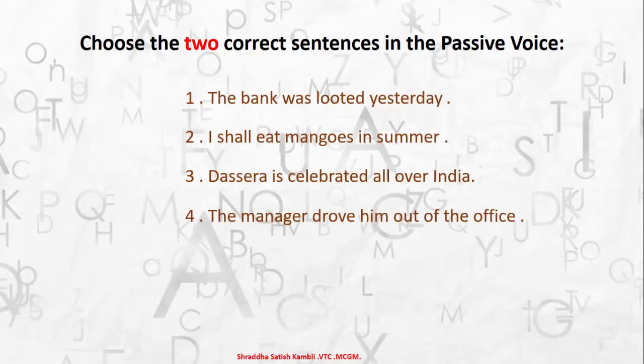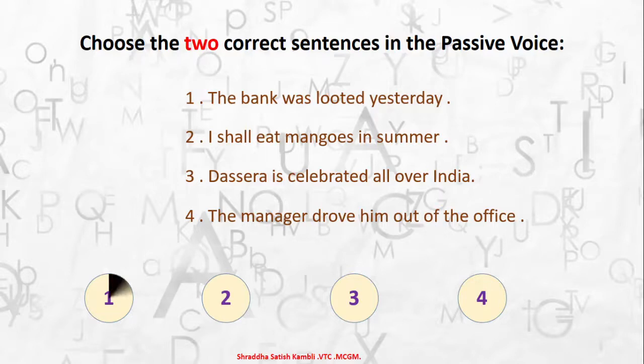Okay, let's move on and go to the next question. The bank was looted yesterday. I shall eat mangoes in summer. Dasara is celebrated all over India. The manager drove him out of the office. So come on, which ones are the passive voice sentences?